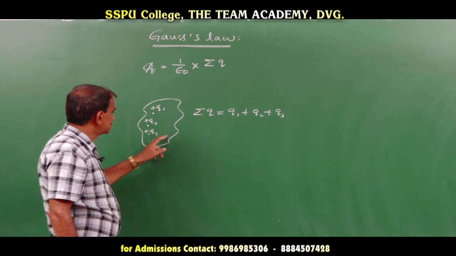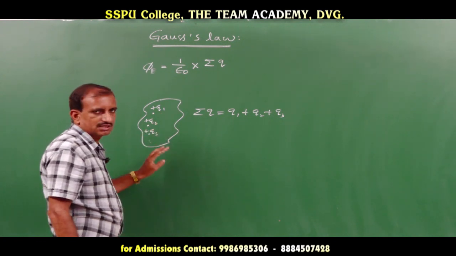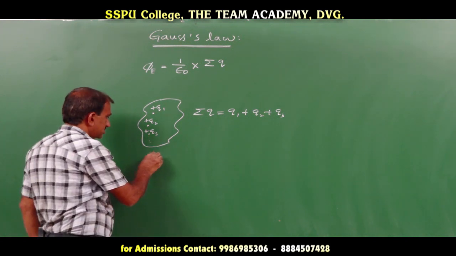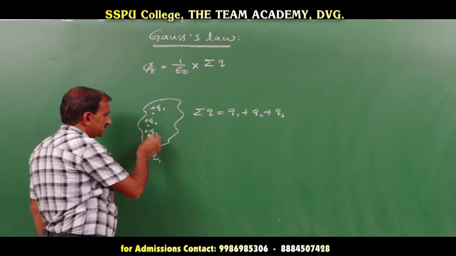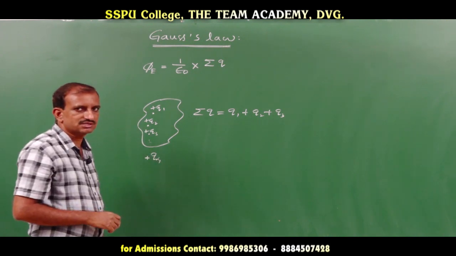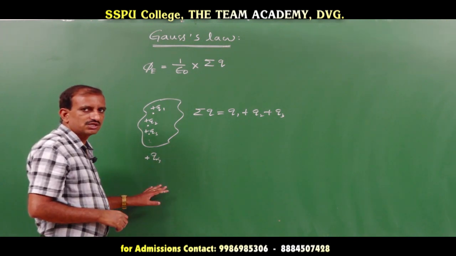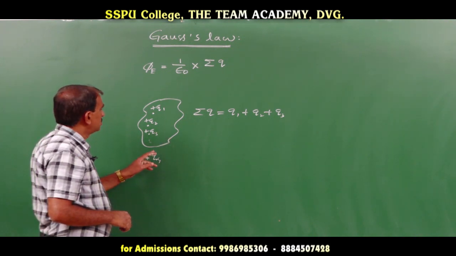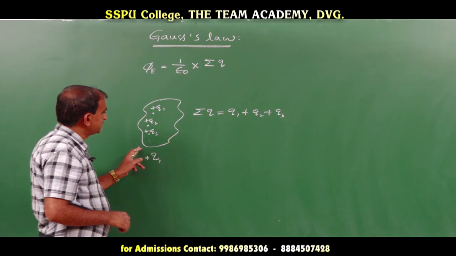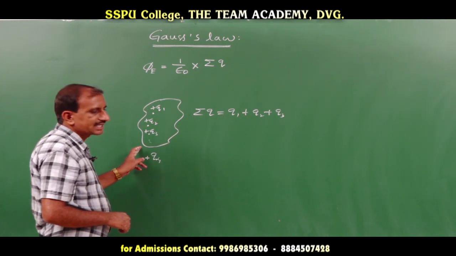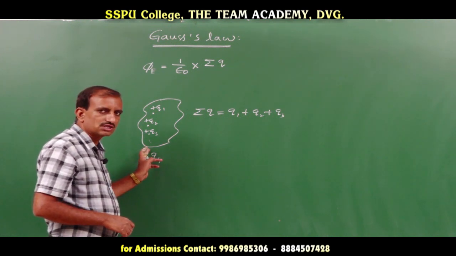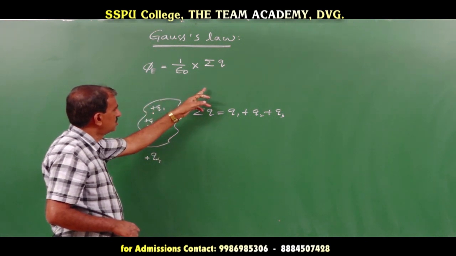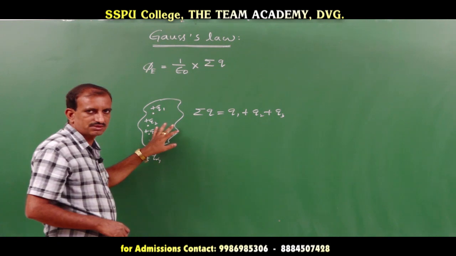The charges should be inside the closed surface. Suppose a charge plus Q4 is outside the closed surface, then it doesn't contribute any flux to the surface. Therefore, the Gauss law says that the electric flux through a closed surface is equal to 1 over epsilon naught times the total charge enclosed by the surface.